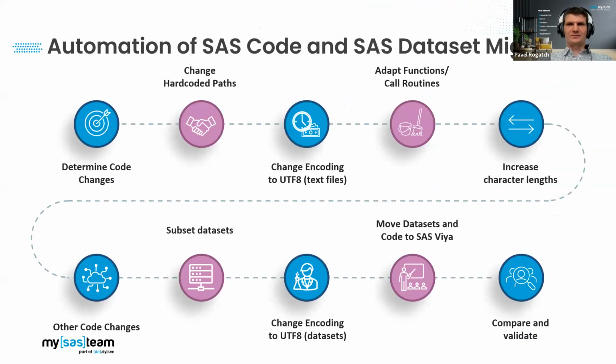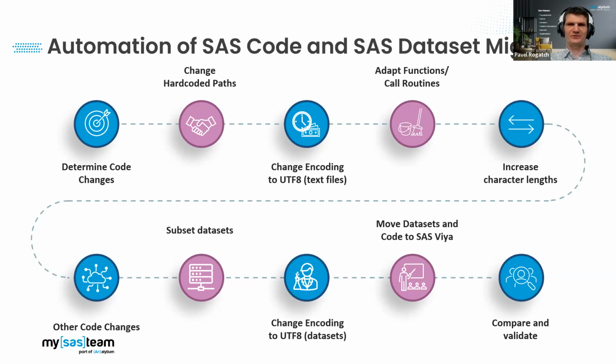Yes, so these 2 great concerns are migration of SAS code and migration of SAS datasets, of course. And as a reminder, now we're talking about the migration from SAS 9 to the SAS hosted cloud environment, SAS Viya. So all necessary SAS code files and SAS datasets had to be moved to the cloud.